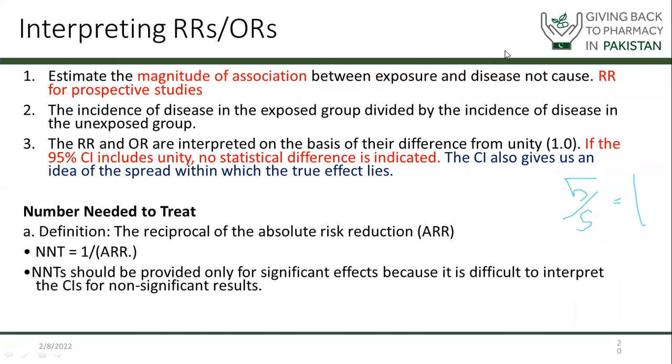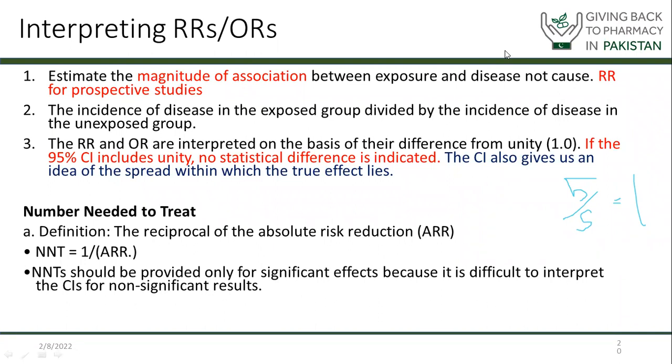Significance, p-values, all these things you will discuss in biostatistics. About the significant result from the confidence interval for OR and RR: if the confidence interval contains 1 — a confidence interval is an interval, meaning it has a lower and a higher value, and it tells you that your mean falls between these values.